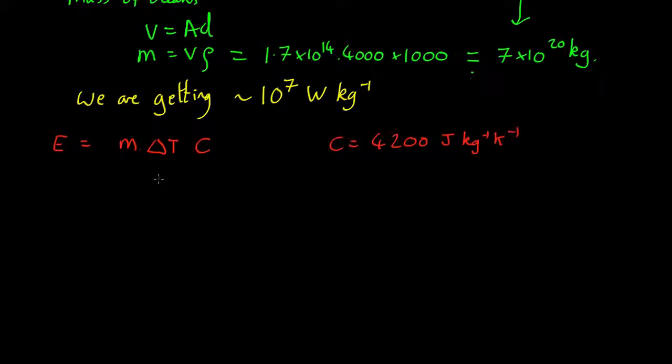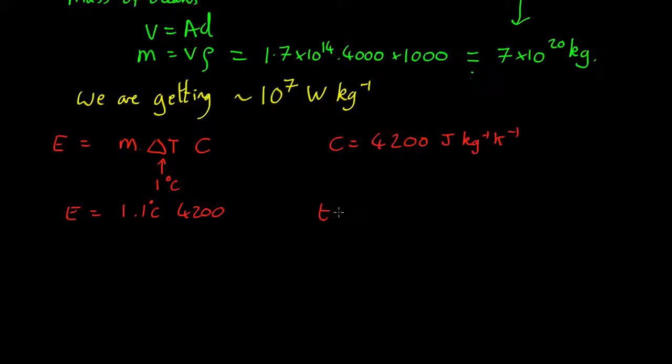So how long will it take to warm the world's oceans up by 1 degree? So if delta T is 1 degree centigrade or Kelvin, we need an energy of, say, for 1 kilogram times 1 degree C times 4,200. So we need 4,200 joules. How long does that take?